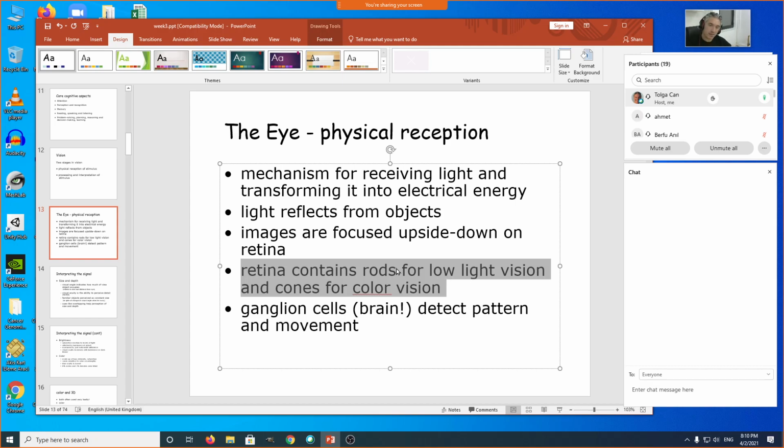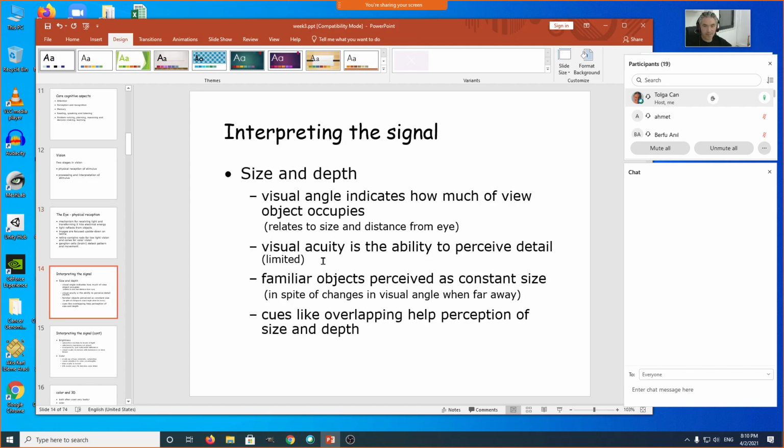This is probably, in evolution, a defense mechanism to catch movement in dark conditions in our peripheral vision, from how the eye evolved over maybe millions of years. And pattern and movement is actually detected by the ganglion cells in the brain.